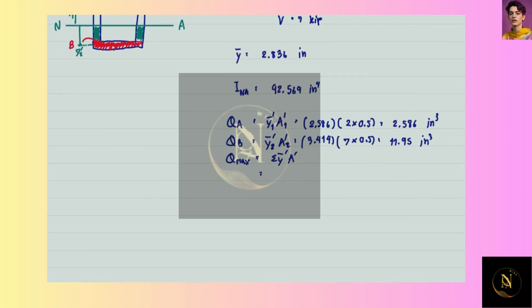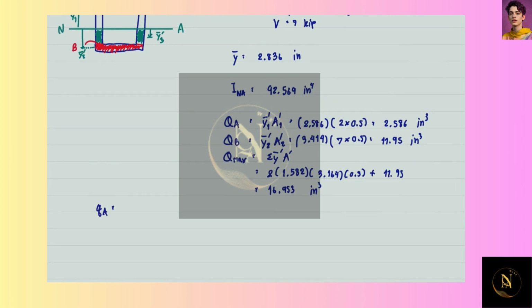So that means we have to find y bar 3 here, it is 1.582 times the green area, 3.164 times 0.5, plus the red area, which is QB, 11.95, so Qmax is 16.953 cubic inches.